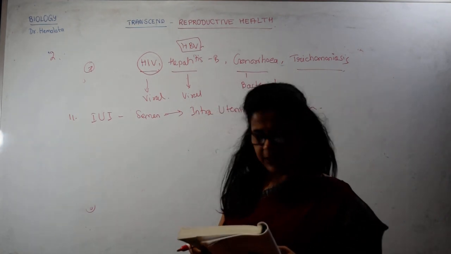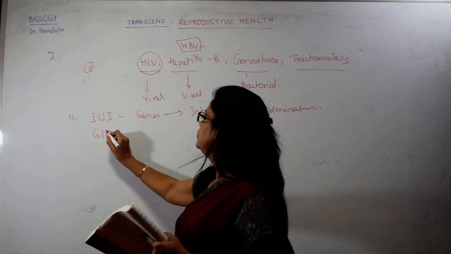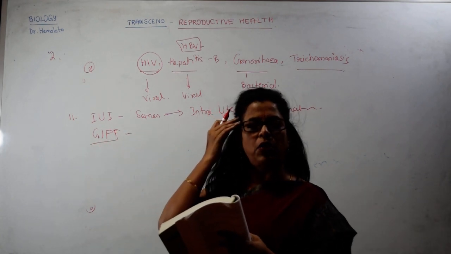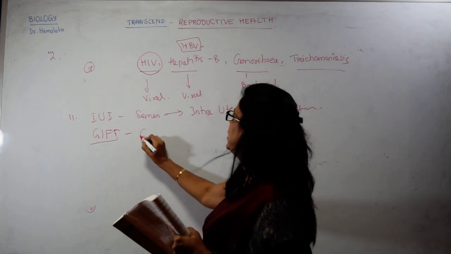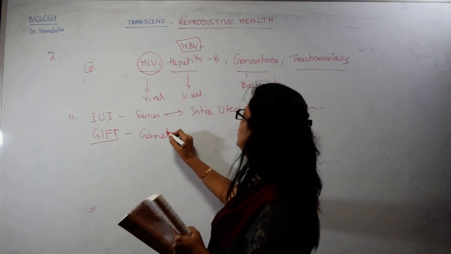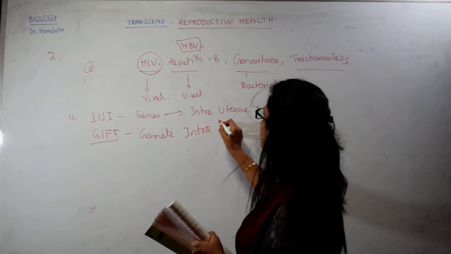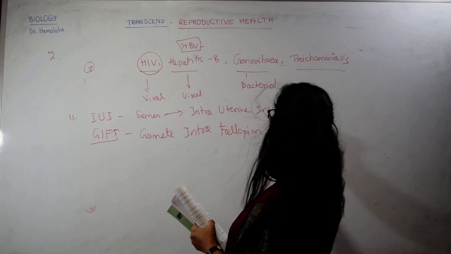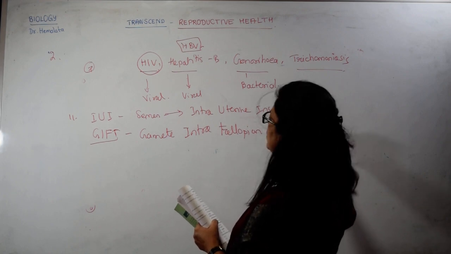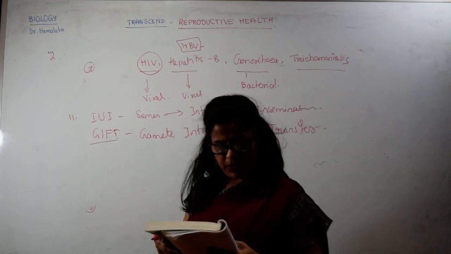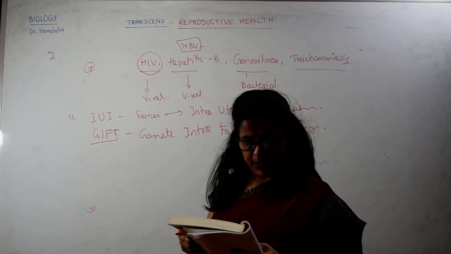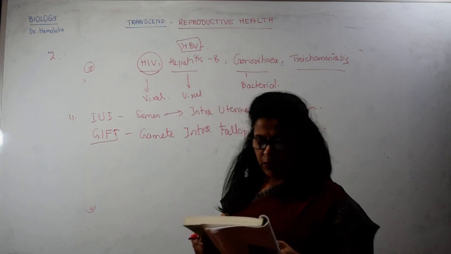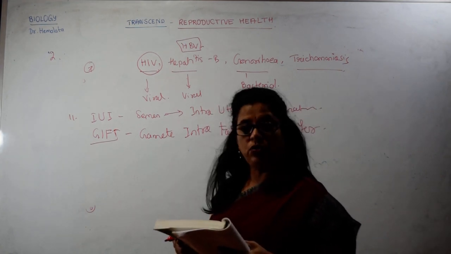Next, the second option says GIFT. What is the long form of GIFT? Just think about it first, then only you will understand. It is called gamete intrafallopian transfer. What is it? They have given its answer as transfer of embryos with more than 8 blastomeres into the fallopian tube.